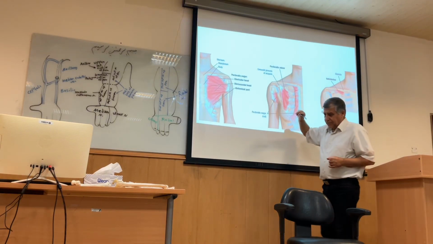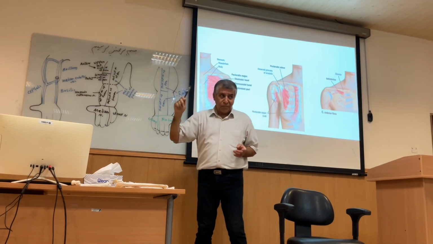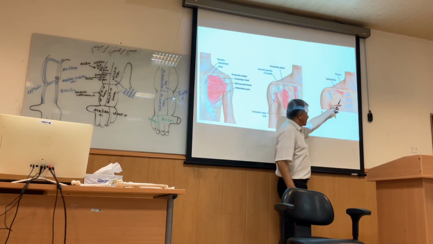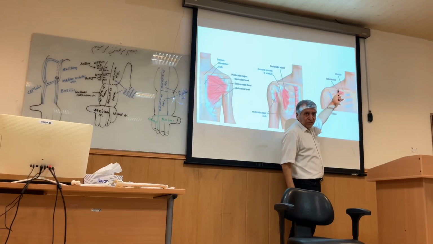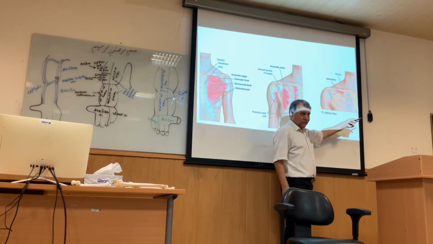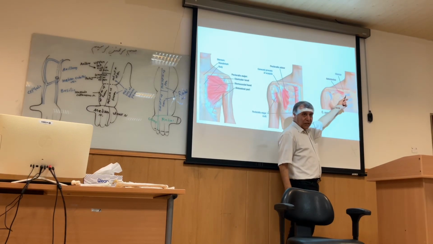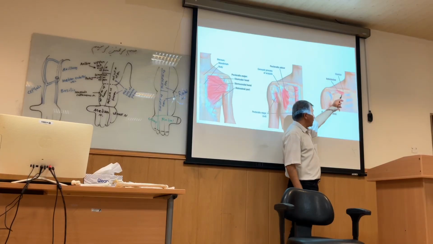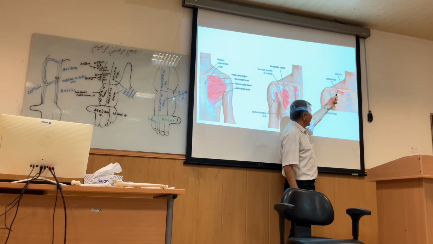Subclavius muscle. Origin from the first rib and inserts to the clavicle. Okay? It is innervated by the subclavian nerve, or nerve for subclavius. The function of this muscle is stability of the clavicle.